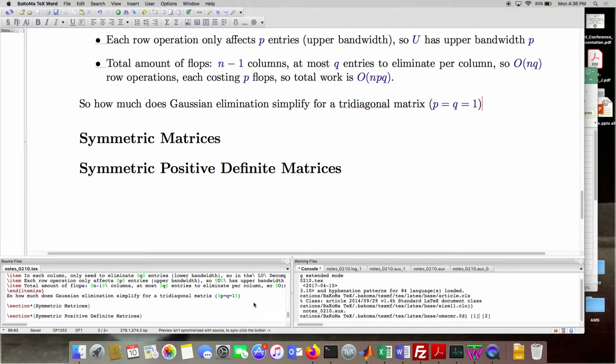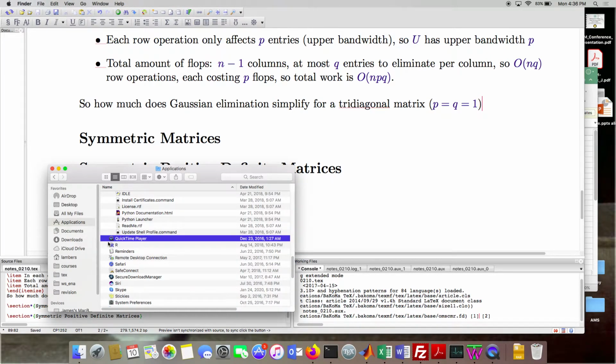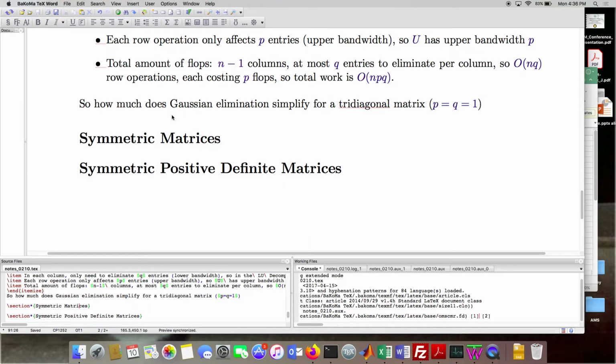Now, what I'm going to do is take the actual algorithms, as stated in the book, for forward and back substitution, and also Gauss elimination, and trim those down for the case of a tridiagonal matrix, so you can see what's done to simplify.